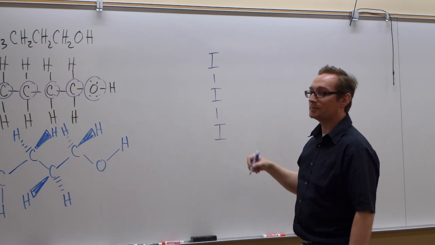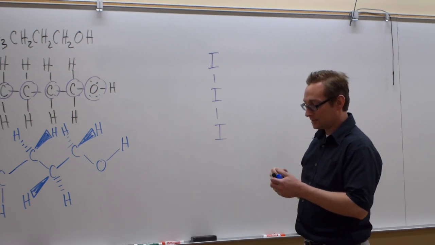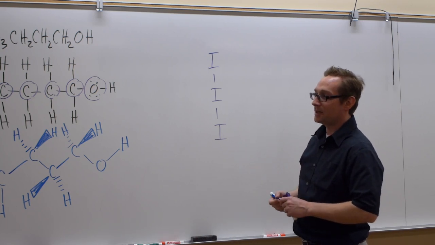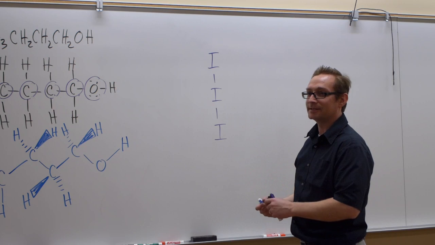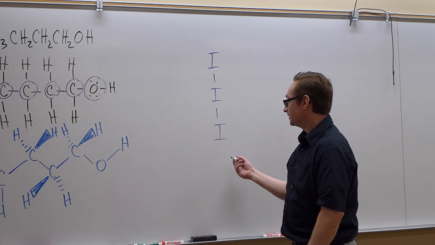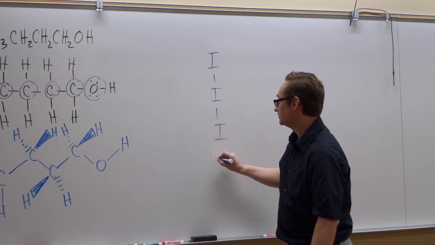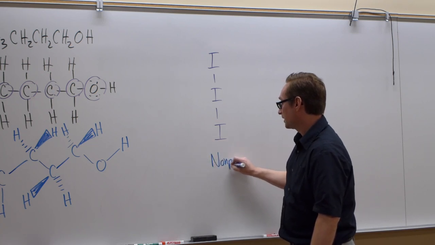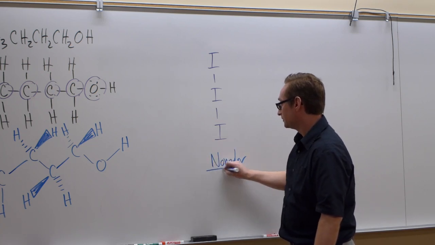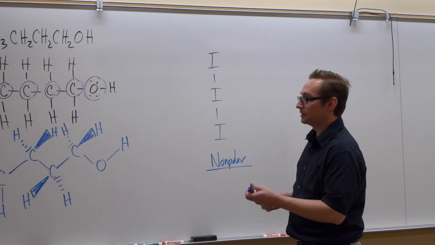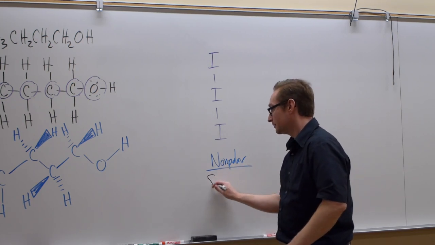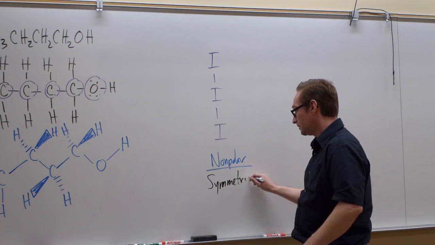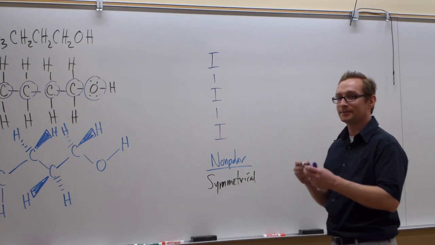So is this polar or non-polar? This is non-polar, right? It's very symmetrical. It's not an AP. It is the other option. So this is non-polar because it is very symmetrical.